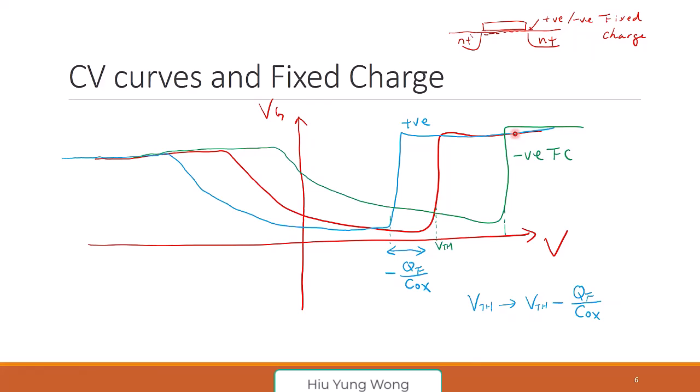Now, we say, what if I have some fixed charge between the oxide and semiconductor? Then we just follow the equation. We remember that the threshold voltage becomes the original one minus QF divided by Cox. So if you have a positive charge, you just shift everything to the left.